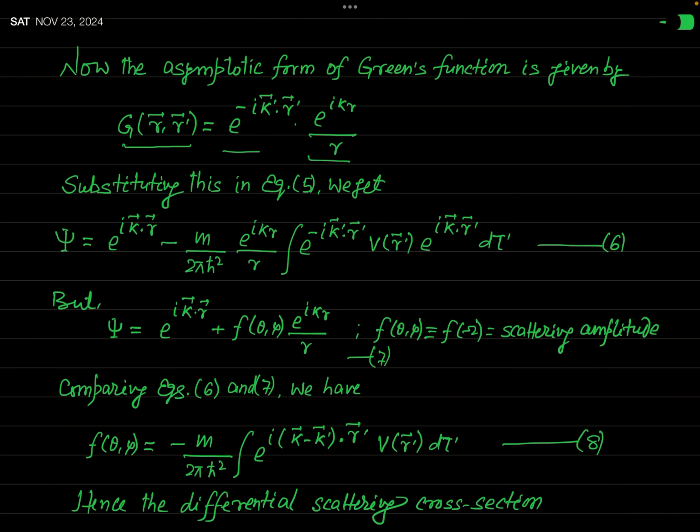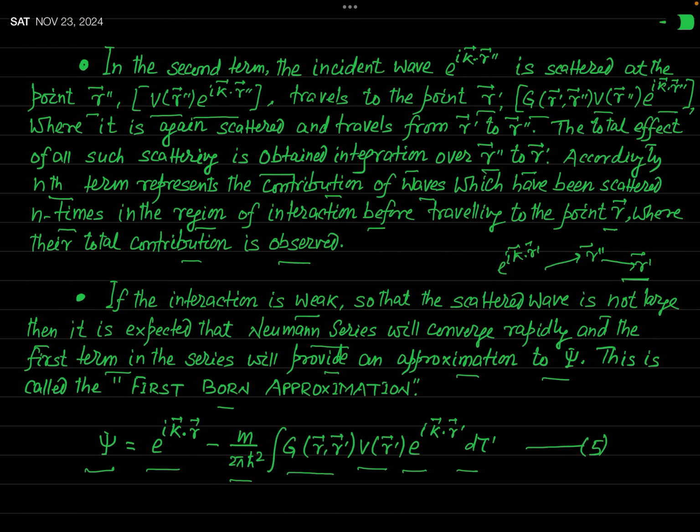Here k dash is the scattered wave vector. Now let us substitute this asymptotic value of Green's function G of r comma r dash in equation number 5, in place of G of r comma r dash.